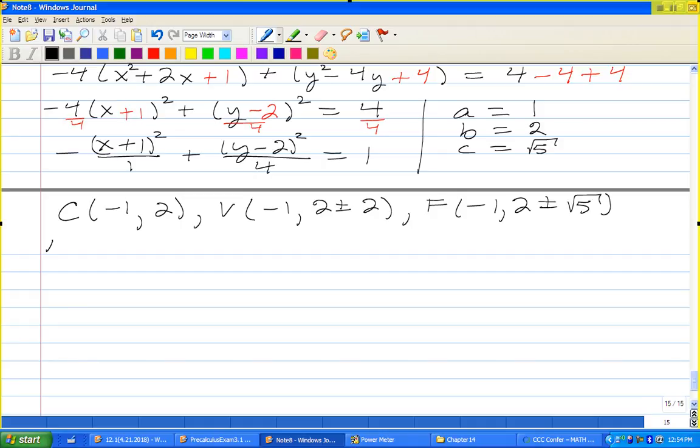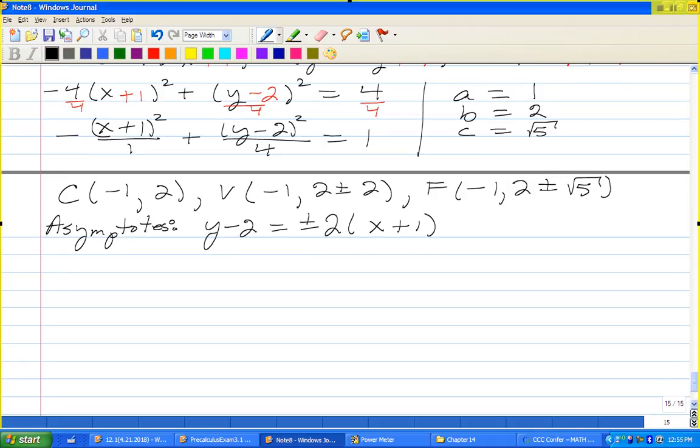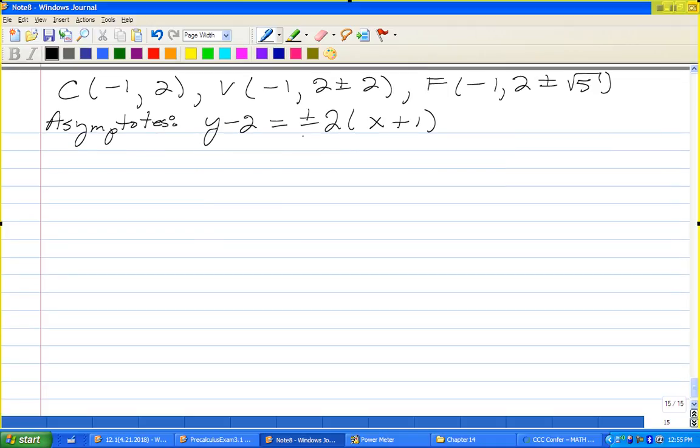The asymptotes have the equation y minus 2 equals plus or minus 2 over 1 times x plus 1. And so let me draw this. Again, don't do it too big.